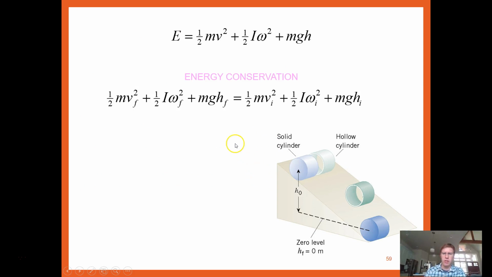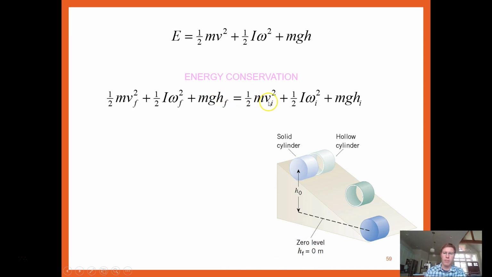So thinking about conservation of energy, for each cylinder, your final energy is going to be whatever translational kinetic energy you have plus your rotational kinetic energy. Notice we now have two types of kinetic energy that an object can have. In this case, since it's moving and rolling, it's going to have both. And then plus mgh, which as you can see, h final is going to go away because it's 0.